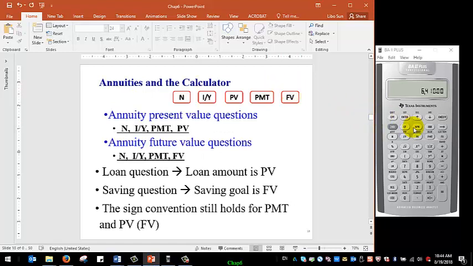For the calculator, we will still use the third row in the BA II Plus, where among the 5 keys, we only actually use 4 of them to solve for a PV or FV question. So just pause a moment every time and ask yourself, are we solving a loan question or a saving question? The sign convention still holds, which means you cannot have all the values positive. One of the values should be negative.